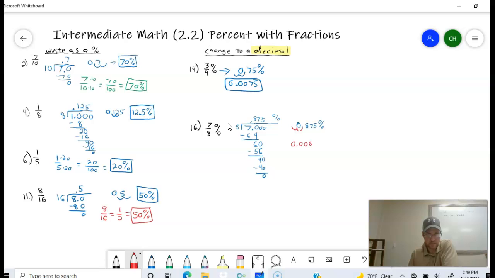Yeah, 875. It's easy to get lost in the zeros, especially when there's a bunch of them. All right, so that is 2.2% with fractions.